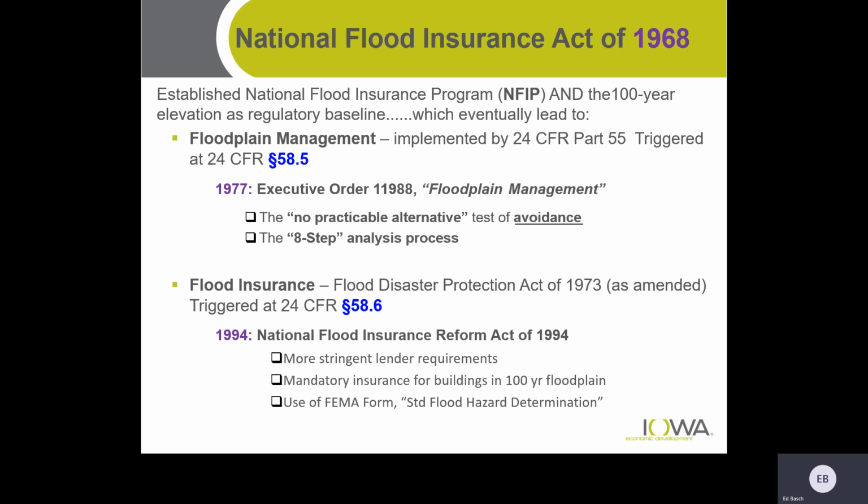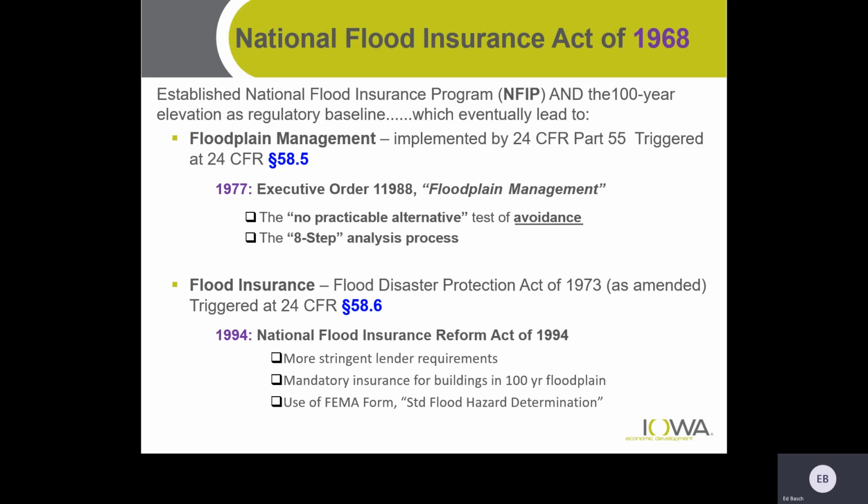So regulations on floodplain activity sprung out of the National Flood Insurance Act of 1968, which is then followed by an executive order for floodplain management in 1977 and the Flood Disaster Protection Act of 1973.